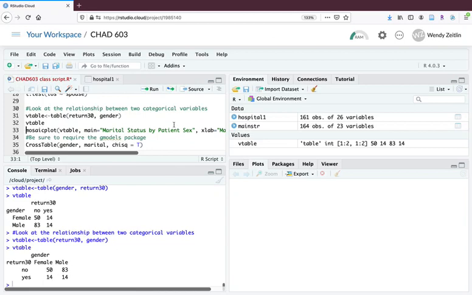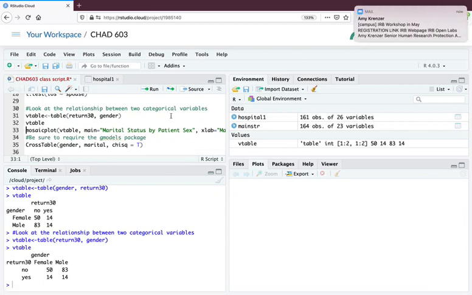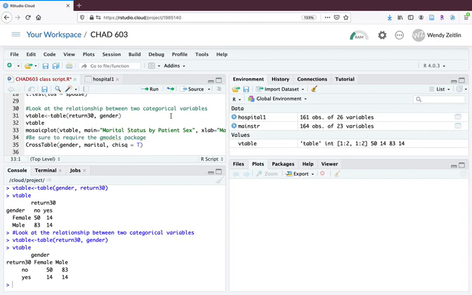It doesn't actually matter what order you put it in. When we use the next function, if there's a lot of categories for one variable, I'll suggest that you put them in the rows because it's easier to read, but it doesn't really matter what you do.